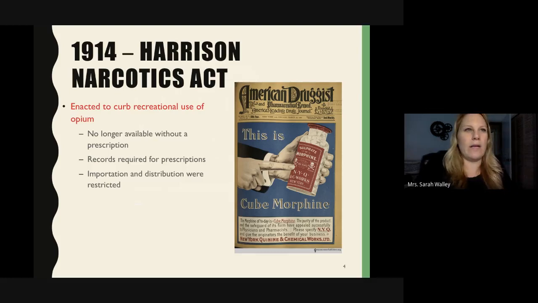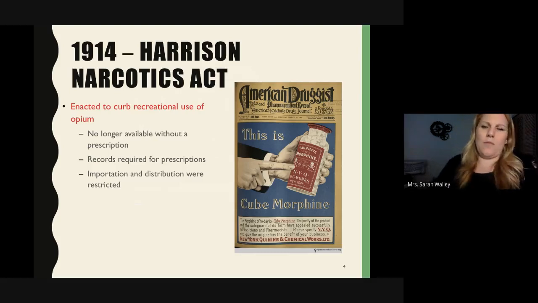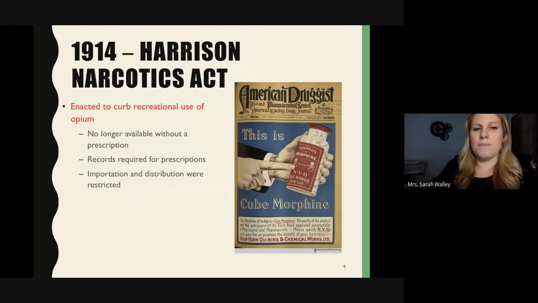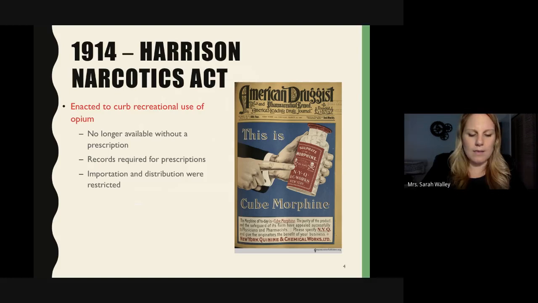Before they figured out opium was a really helpful drug in taking away pain because it's a narcotic, they didn't have anything. So it was a big deal to find something that would actually help with pain.